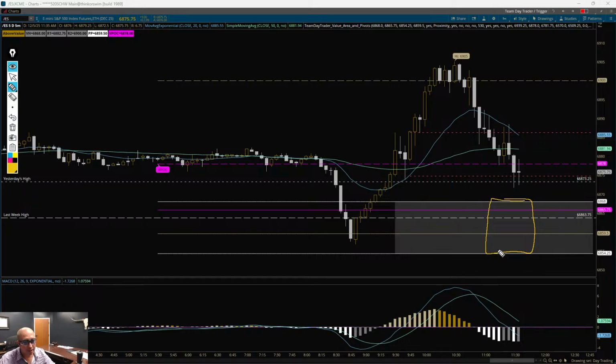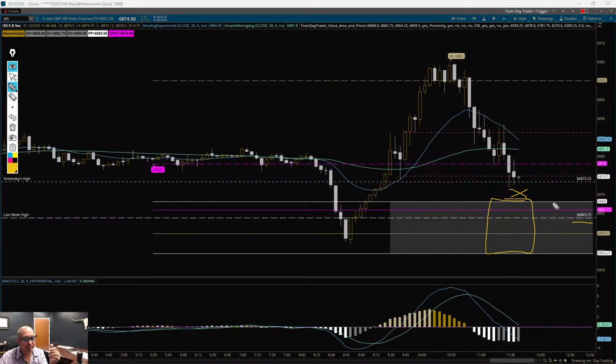In that case, this long trade that I'm at 60s is invalidated, and I've got to get out of the trade for a small profit. But if you get inside of this 68, we end up getting sucked back into value. And if that's the case, then that's it.